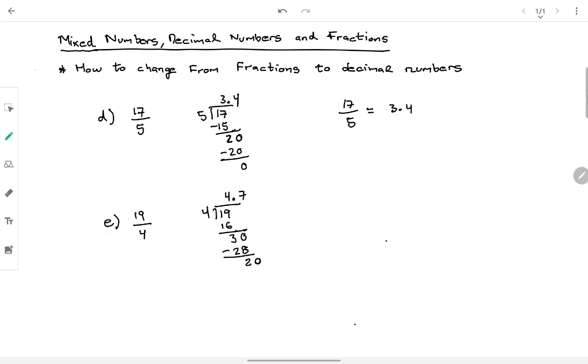We can continue putting a 0. So 5 times 4 gives us 20. And when we have the remainder 0, that will be the end. So 19/4 can also be represented as 4.75. So this is the way that we change from fractions to decimal numbers.